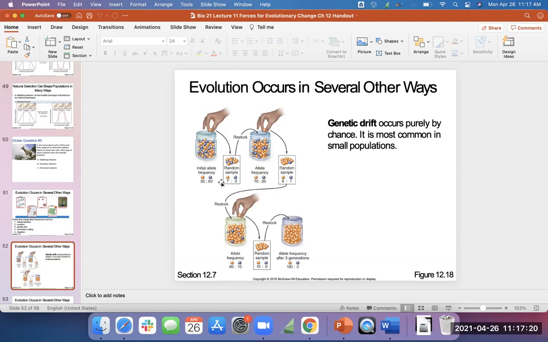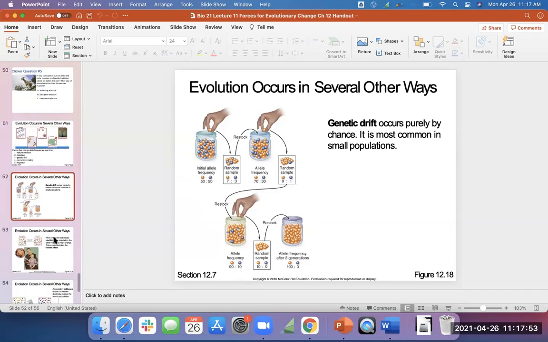When you randomly select, 7 are orange, 3 are blue. So there's a higher chance more orange will get selected from this stock. Now 70 percent, you select again, now 9 are orange and 1 is blue. You restock, now you have 90 orange, 10 blue. Now there's a very high chance only orange will get selected, and over time the blue allele disappeared. That's genetic drift, which mostly happens in small populations.